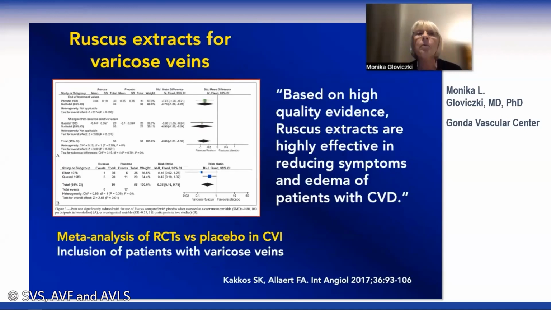An example for Ruscus extract, a meta-analysis of randomized controlled trials versus placebo in chronic venous insufficiency, equally included patients with varicose veins, with the conclusion, based on high quality evidence, Ruscus extracts are highly effective in reducing symptoms and edema of patients with chronic venous disease.